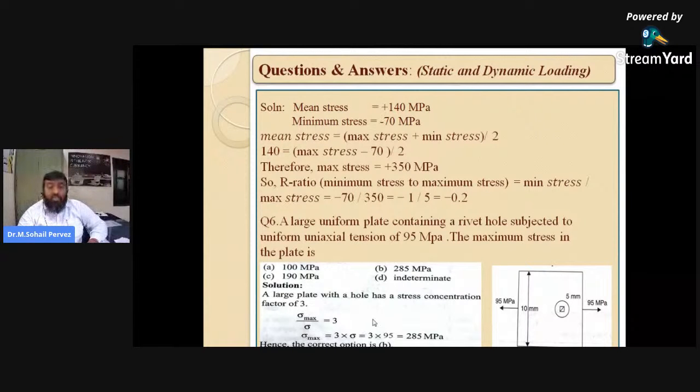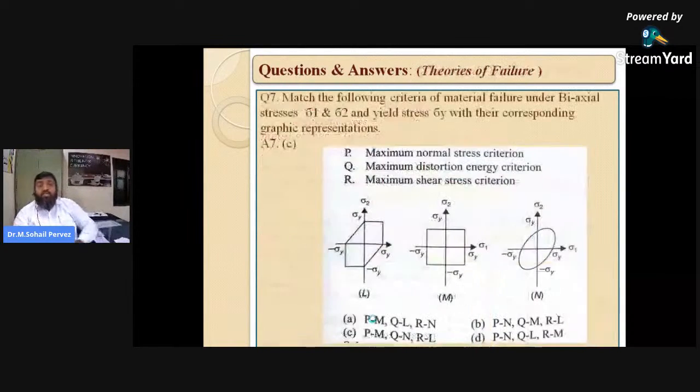Now the next one is regarding the theories of failure. My friends, we have gone through the 5 prominent theories of failure used in machine design elements, out of which we have thoroughly gone through the equations first.